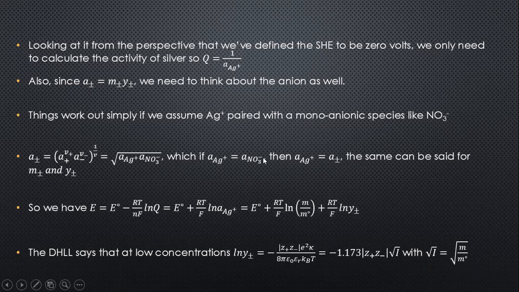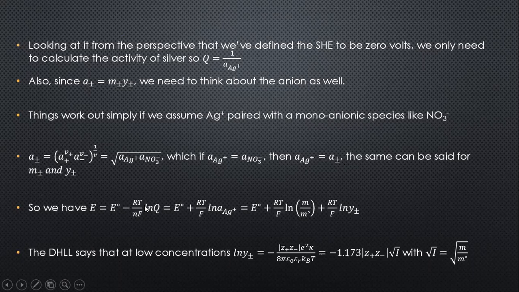If the activities are equal for both, then the activity of silver is just the mean ionic activity. So if this is x and this is x, the square root of x squared is x. So we can say those are the same. With that in mind, the mean ionic molarity is just the molarity of silver, and the mean ionic activity is just the activity of the silver.